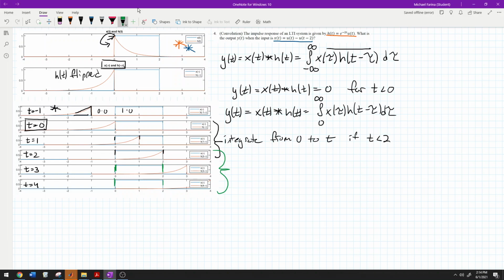So we still have to account for this interaction right here. So we're going to integrate from 0 to 2 if t is greater than 2. And well, actually greater than or equal to 2.